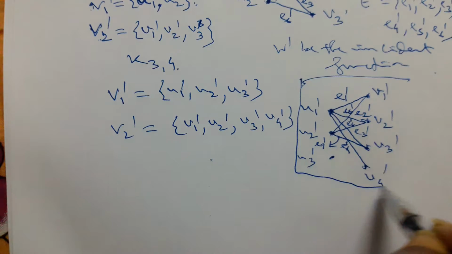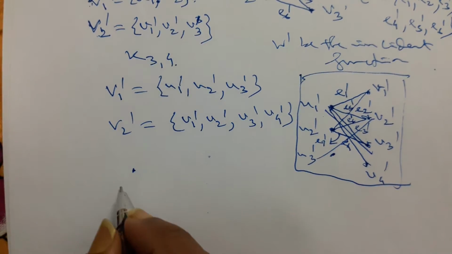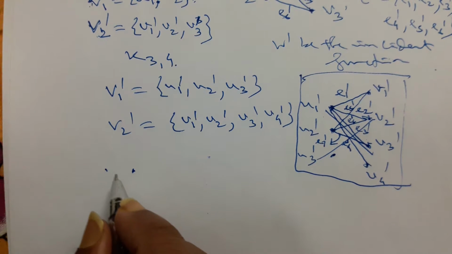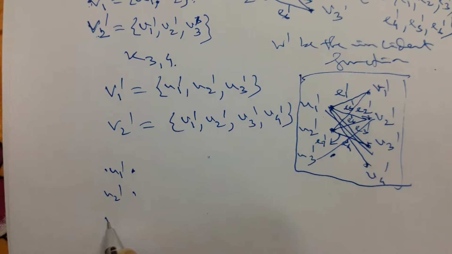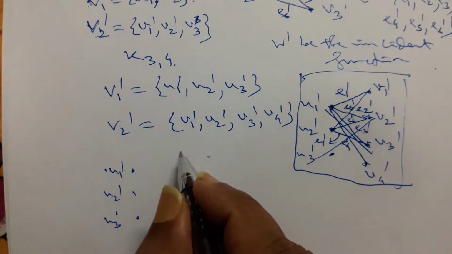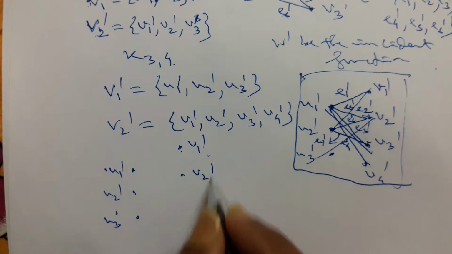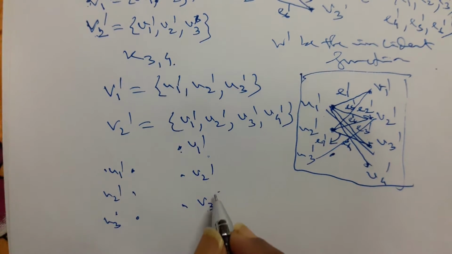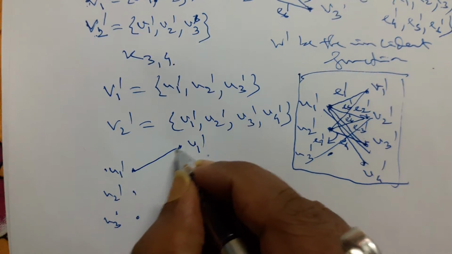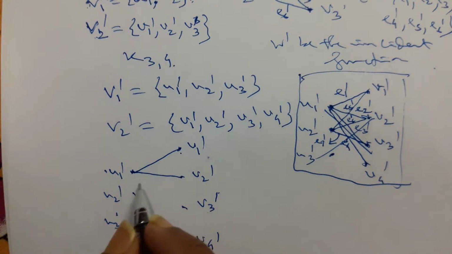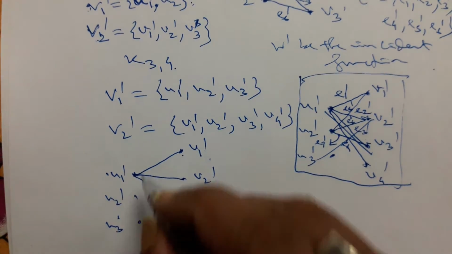We cross it out and reconsider u1 dash, u2 dash, u3 dash, 3 points here, and 4 points v1 dash, v2 dash, v3 dash, v4 dash, joining all these points, so that every element is bipartite with every element of the other set.